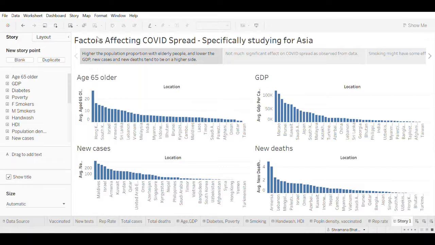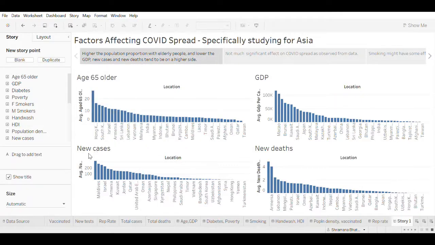Let's see whether the proportion of population above the age of 65 and older matters. So if that is high, say in Japan it's the highest for Asia. In Qatar, the GDP, so this is talking about the GDP, and this is the population proportion with age 65 years and older.